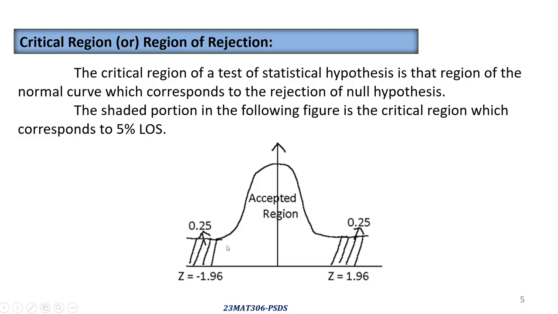That 5% is divided equally between the negative x-axis and the positive x-axis, that is 2.5% and 2.5%, which is 0.025 and 0.025. That 5% value gives z value of minus 1.96, and on the positive axis, the z value is 1.96.